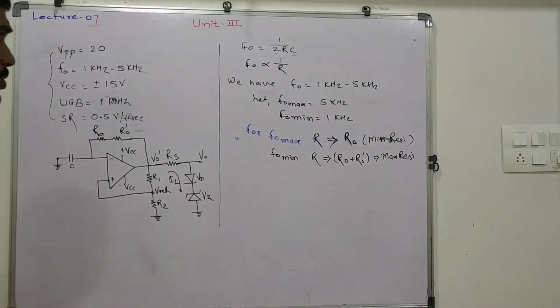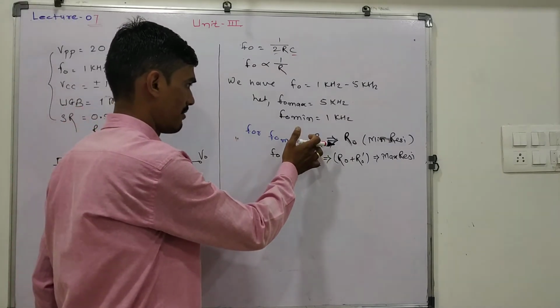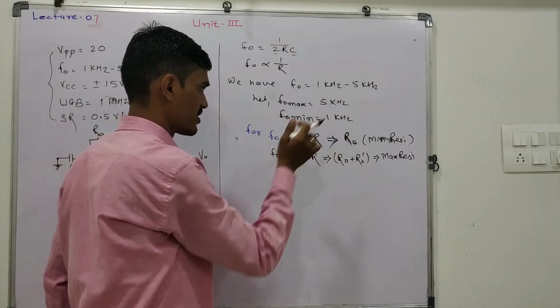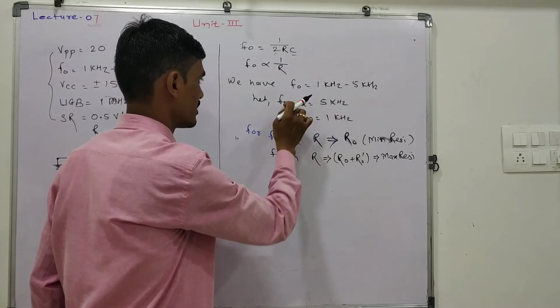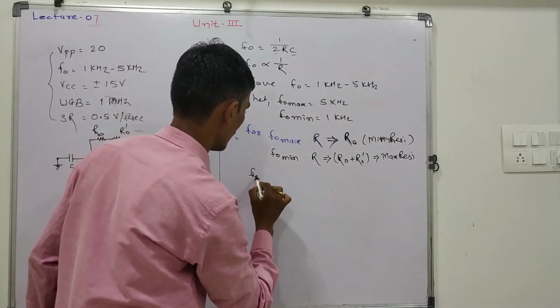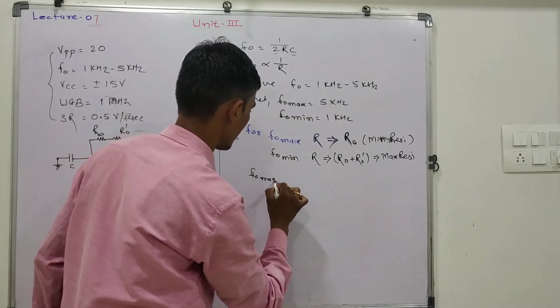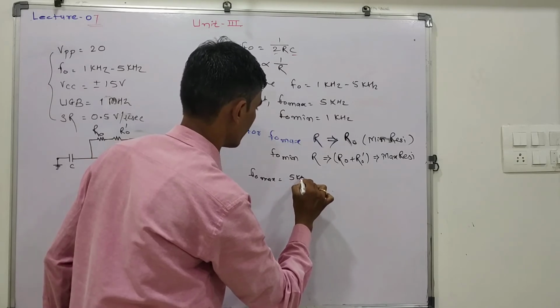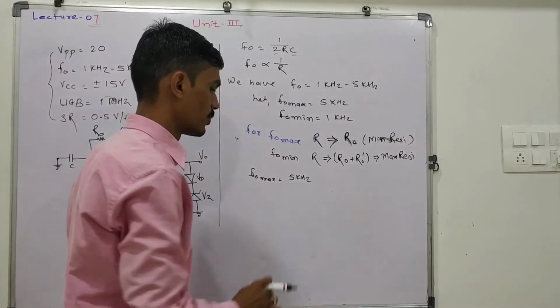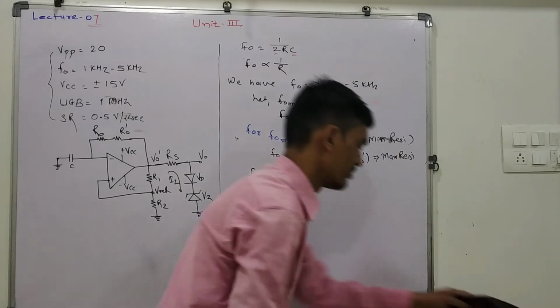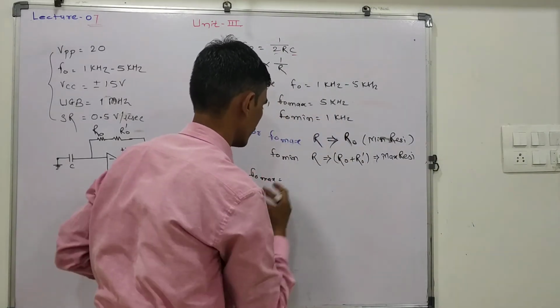So let us start with the solution, finding the resistance value. We start with F0 max, which is equal to 5 kilohertz, that is 5000.